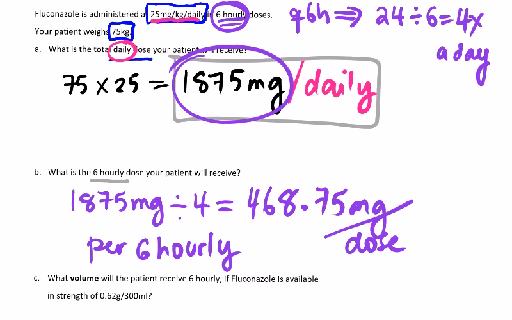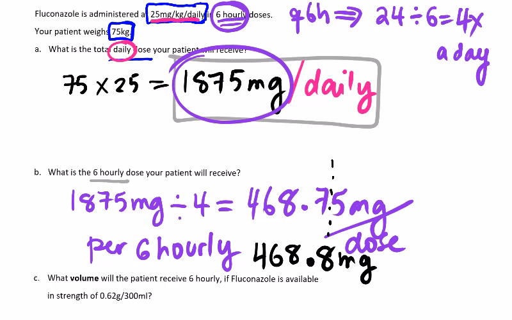Now the rounding here, if you decided you would round, because this is a big quantity, 468.75, if you decided you couldn't measure it and you wanted to round it to 1 decimal place, the answer would be 468.8, because that 5 is telling us to round up, milligrams per dose. I think we would even be happy here to round it to a whole number.